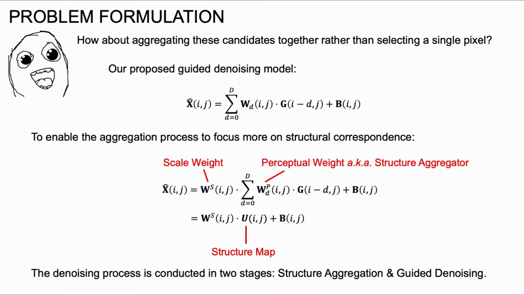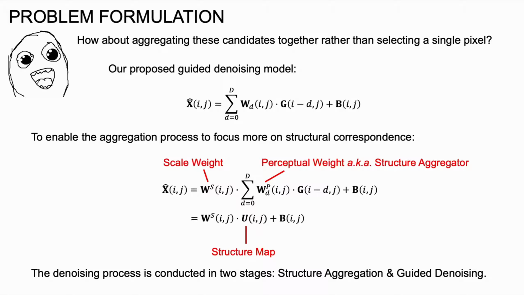So, why don't we aggregate all of them based on their correlation to the target pixel instead of just picking out only one winner? Motivated by this, we propose that each target pixel can be estimated by a linear representation of all candidate pixels in the guidance image within the range of the maximum disparity, which can be regarded as a process of aggregating the non-local information.